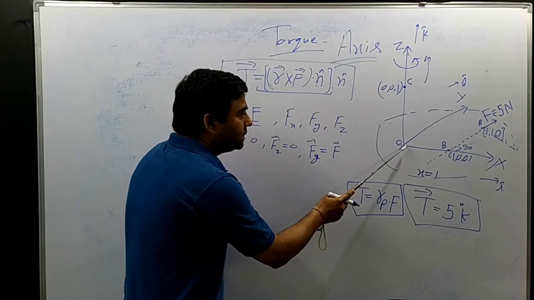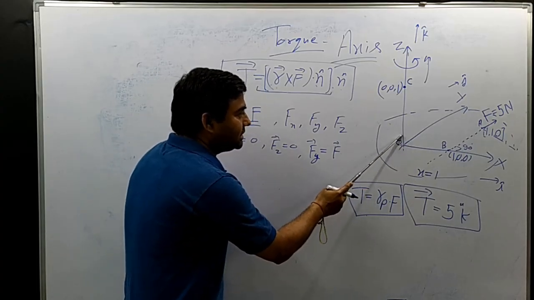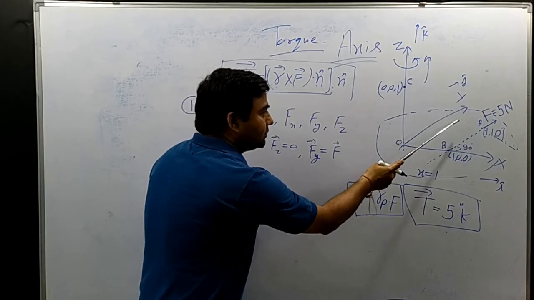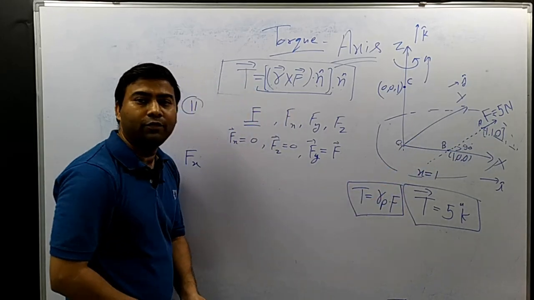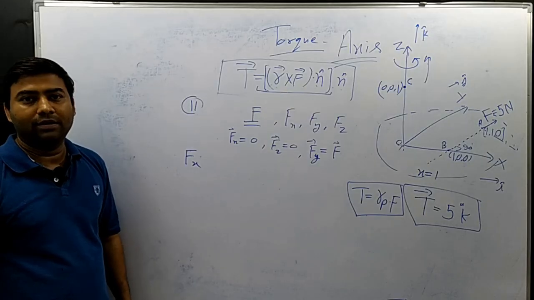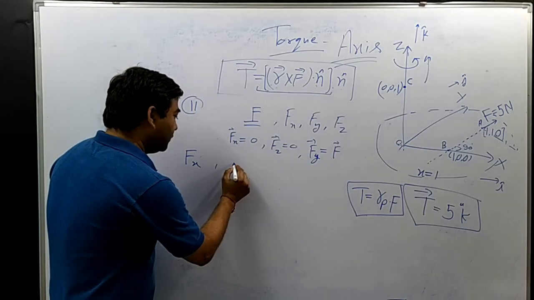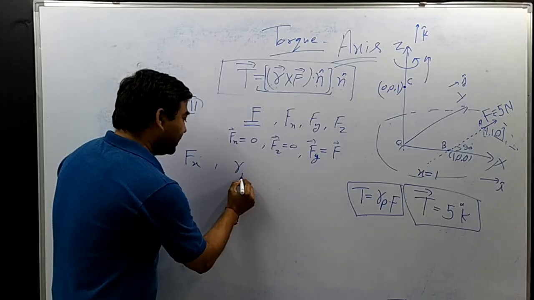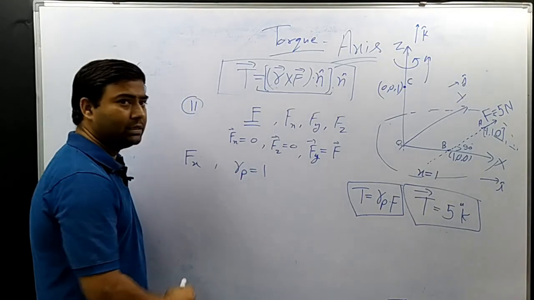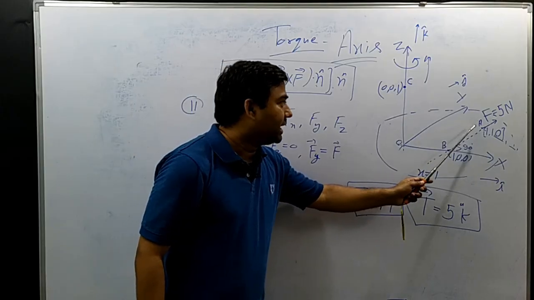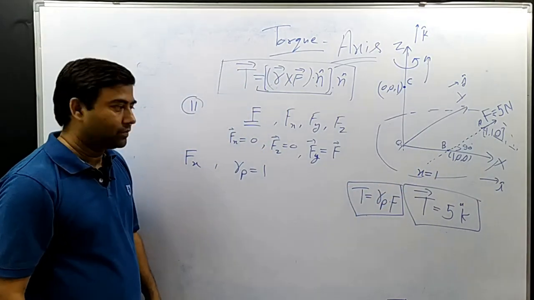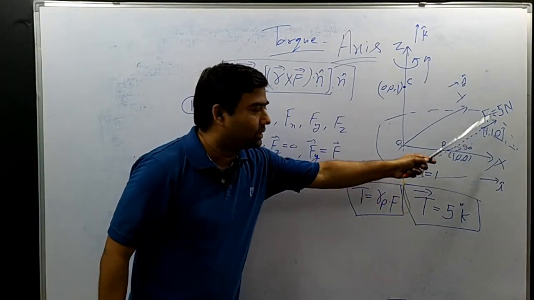So the perpendicular distance between the z-axis and Fx will be the y coordinate of this point A, and the y coordinate is 1.